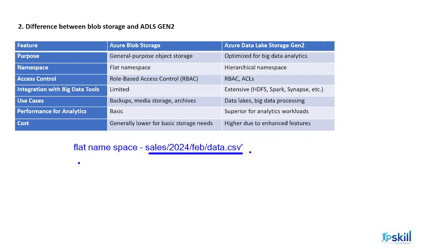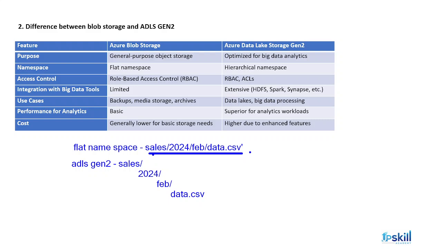But how does the data get saved in the Azure Data Lake Storage Gen2 account? Whenever you create a directory, a folder gets created, like sales. Under sales, we have another folder like 2024, under 2024 another folder called feb, and under feb we have the actual data, data.csv.